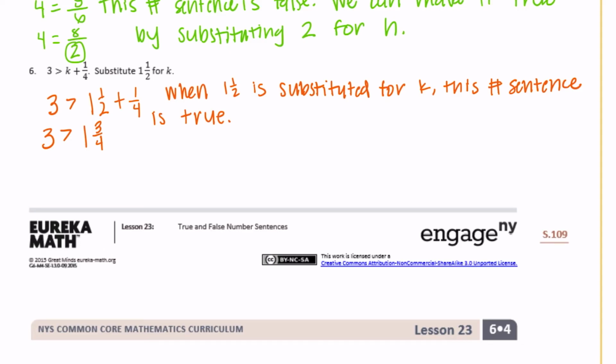How could we make it false? If we're saying 3 is greater than 1 3/4, to make it false, we could just use anything greater than 3.